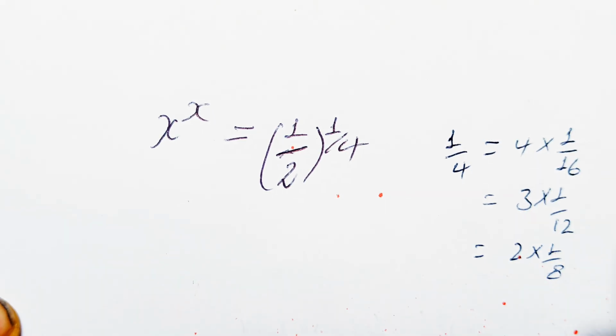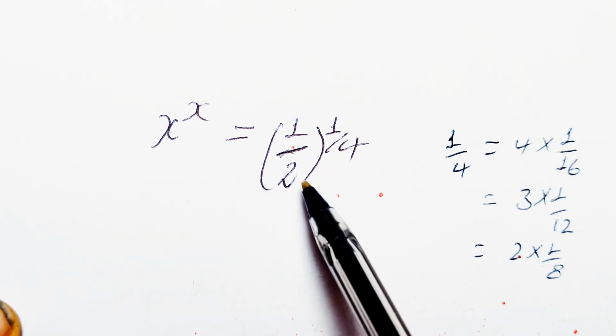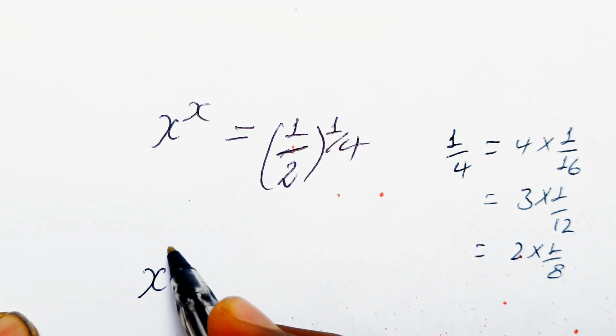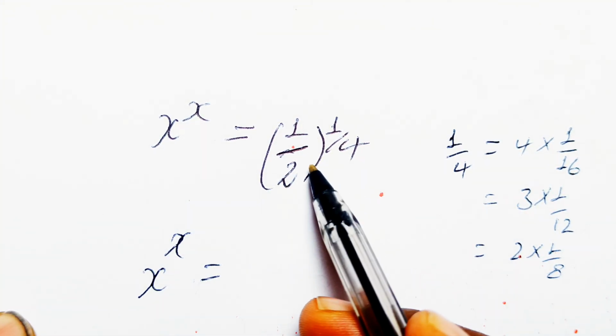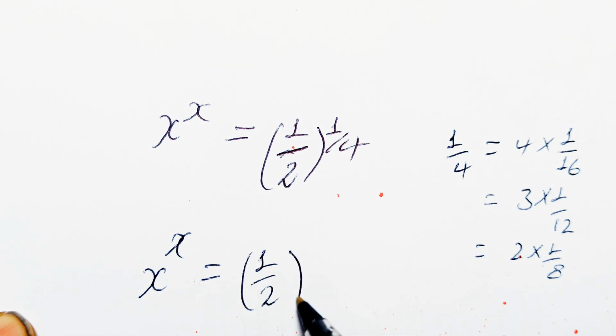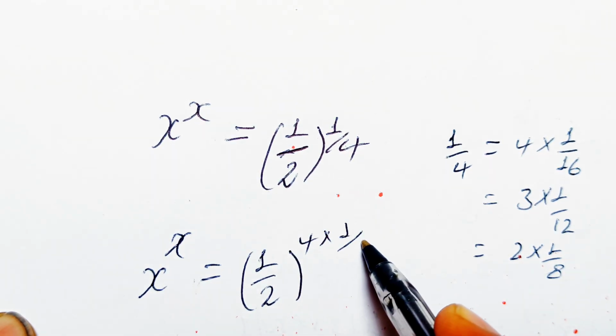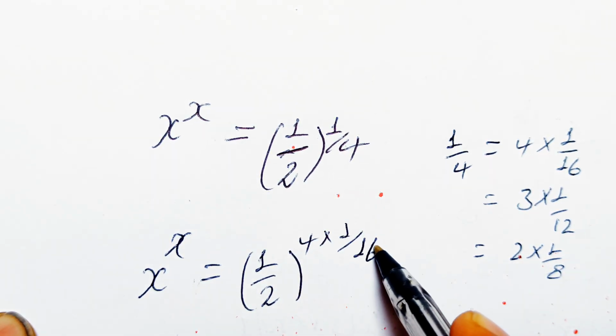So the best one that will fit for our expression is the first one. So x to the power of x equals 1 over 2, and this one means 4 times 1 over 16.